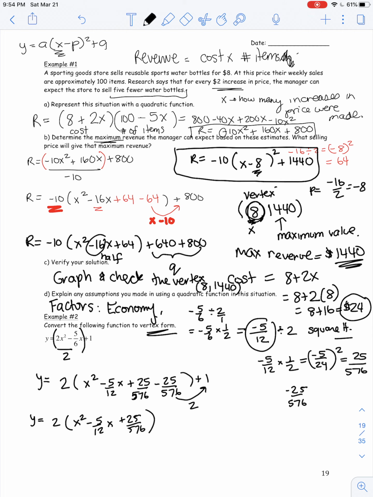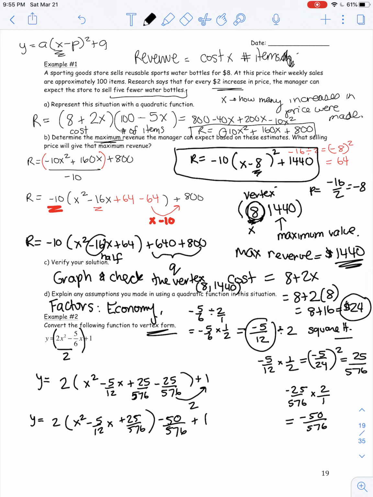We're going to multiply that by 2, and that's like saying 2 over 1. So when we multiply 2 over 1 by that number, we get negative 50 at the top, and the bottom, 576 times 1, is going to stay the same. So that is what we are putting outside the bracket now: negative 50 over 576, and we're adding 1 to that.